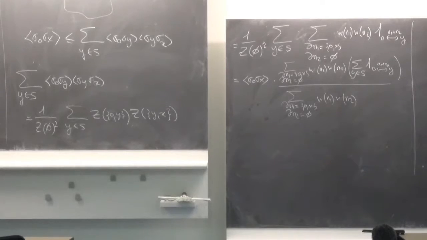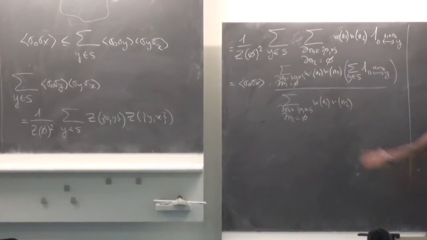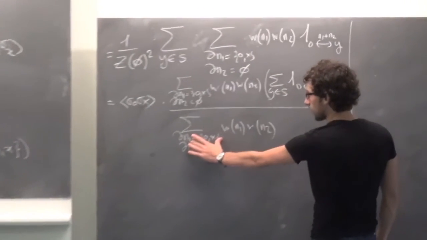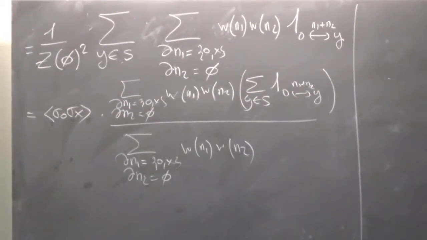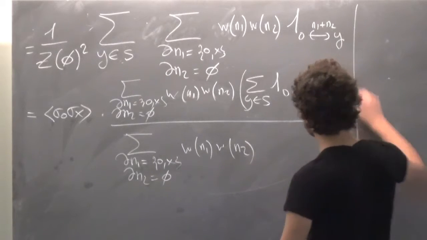Are you all okay with that? So basically I divided and multiplied by this sum over n1, and therefore I make this thing appear. But what do I observe on this thing now?